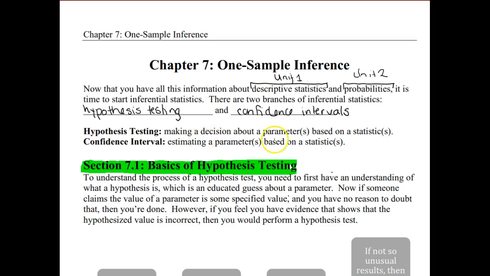Again, making decisions about the population based on things we compute from sample data, so our definition of doing inferential statistics. And a confidence interval is estimating the actual value of the parameter based on statistics. So again, we're making a guess about a population parameter based on something we've computed from sample data, meeting our definition for inferential statistics.